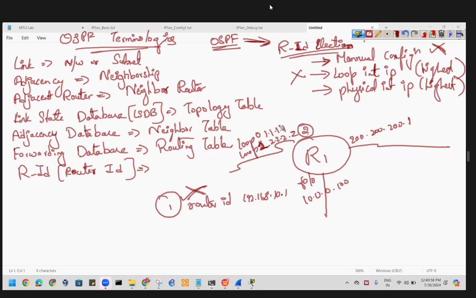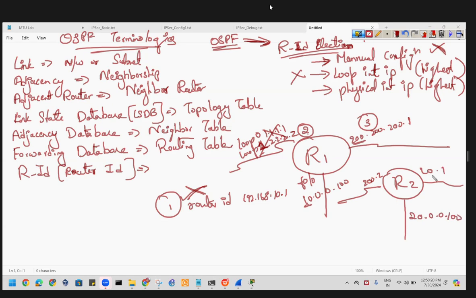Even if loopbacks are not there, then I have two physical interfaces. Out of these two physical interfaces, this is highest. 200 is higher than 10. So this is the third preference. Now if I consider R2, R2 has three interfaces. One is 200.2 and the other one is 201.1. And here it is the 20 network, 20.0.0.1.